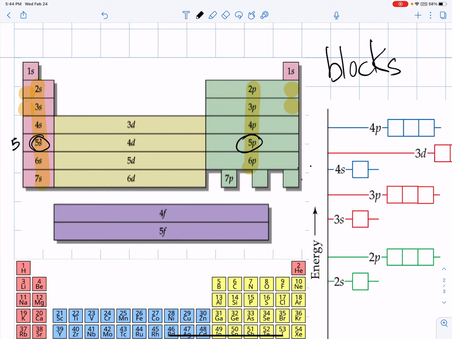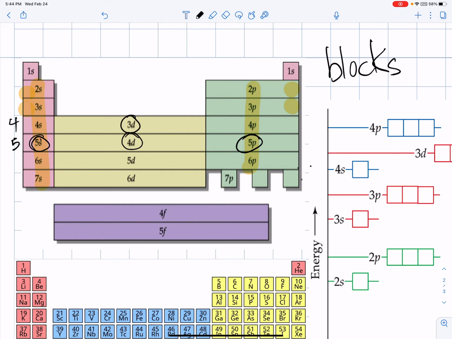Notice that in row 5, when you get to the D block, you're not filling up the 5d, you're filling up the 4d. So in row 5 of the periodic table, the D block there is 4d. In row 4 of the periodic table, the D block is 3d.